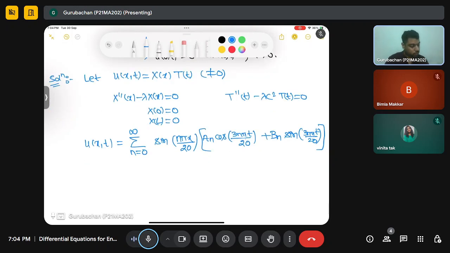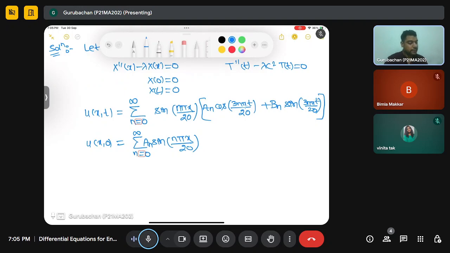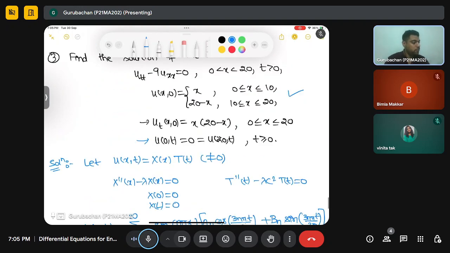Okay, so we have given what u(x,0) will be from this series. This will be summation n 0 to infinity sin(nπx/20) into this a_n, and this series is equal to that function that we have given here.